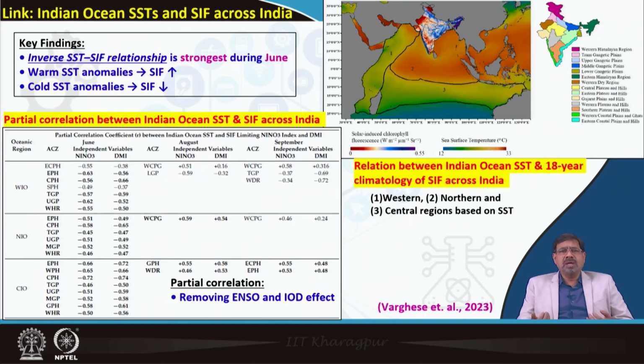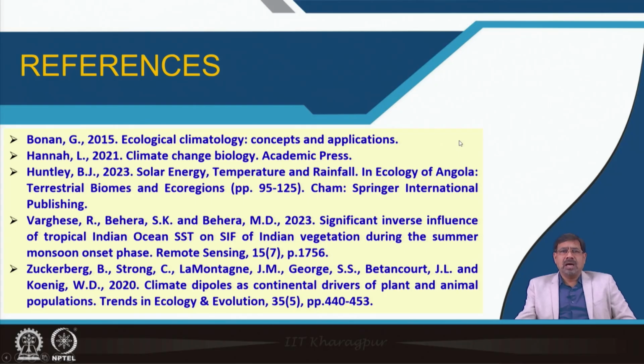She tried to remove the impact of many of these oceanic phenomena, as we discussed in terms of ENSO and IOD, by doing some partial correlation analysis, and then came to a good indicative conclusion that is published. The revelation is that the inverse SST-SIF relationship is strongest during the month of June, that is the onset period of the Indian monsoon.